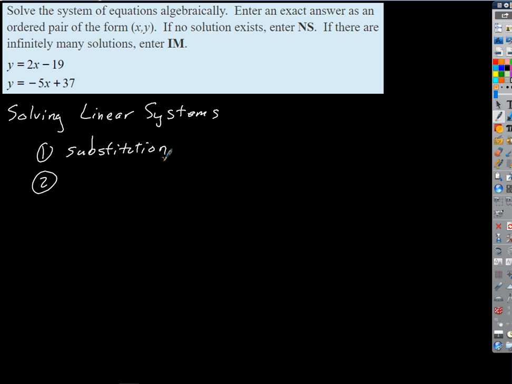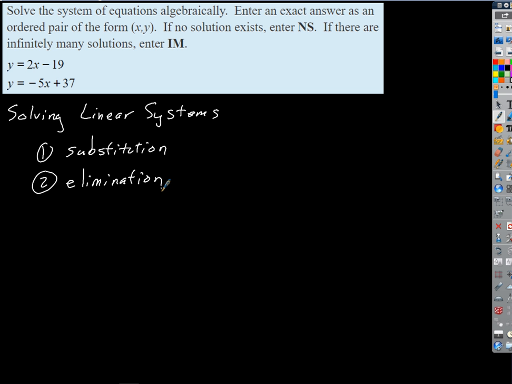Remember that? Elimination. And elimination. There you go. Okay, almost always, they're both going to be feasible, but sometimes it's easier to do one versus the other. And really, oftentimes, you can use substitution sometimes, you can use elimination pretty much all the time.